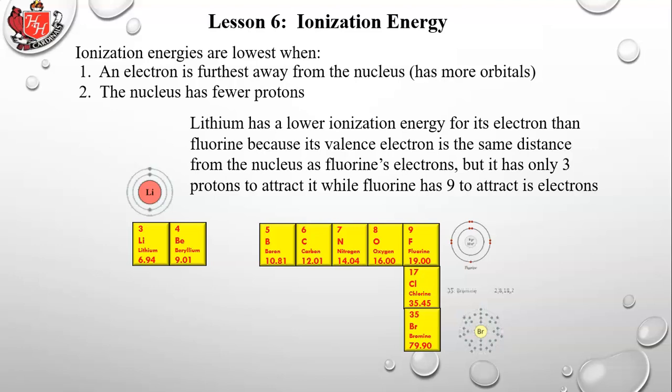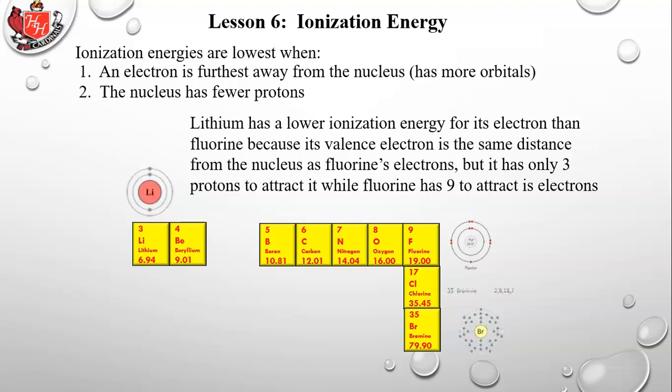Again, because fluorine has more protons and all of its valence electrons are the same distance away, fluorine is able to hold on to them tighter. That means it has a higher ionization energy, and it takes more energy to pull the electrons away from fluorine. Whereas lithium has a low ionization energy, and therefore it's easier to pull its 1 second orbital electron away from it.